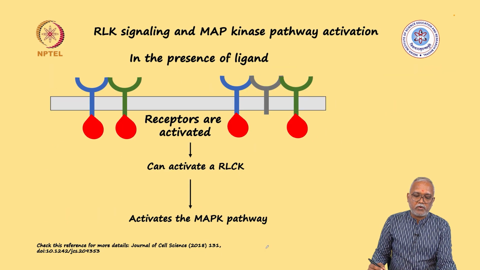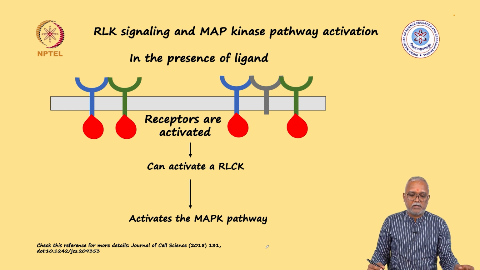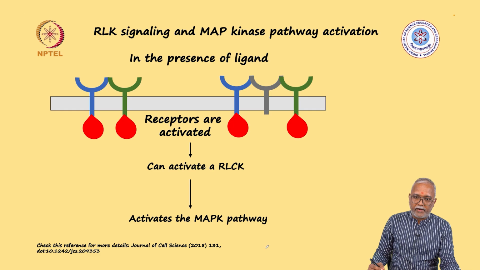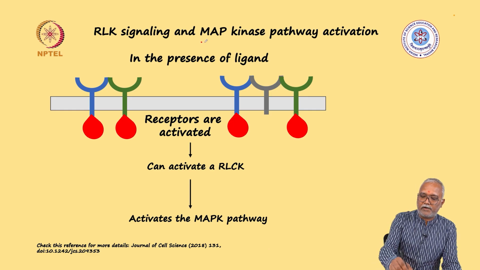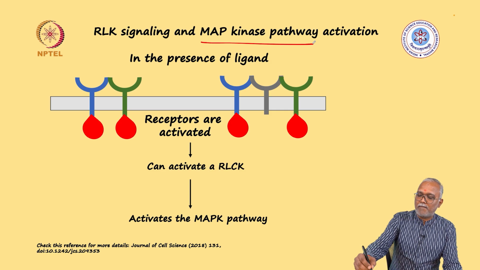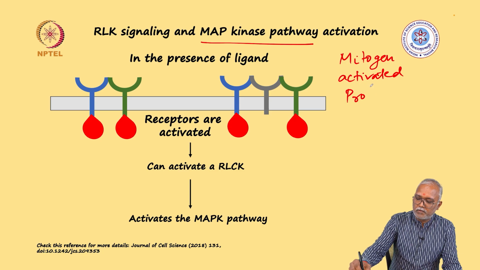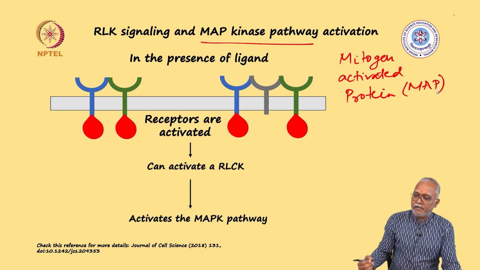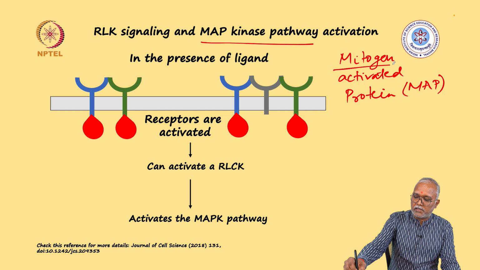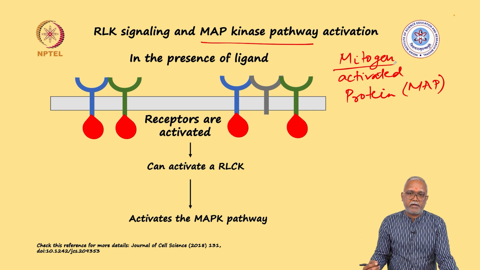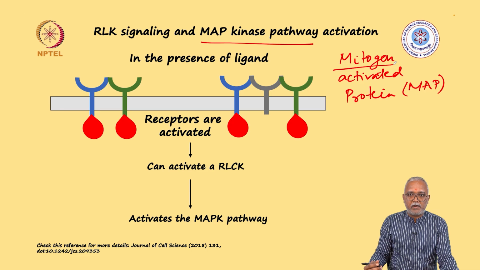Simply, if we think about receptor-like kinase signaling, what they very prominently do is activate the MAP kinase pathway. This term MAP comes from mitogen-activated protein. Again, this is a molecule which was very well studied in animals, where a mitogen is an entity, a small molecule, any protein, anything which has the capability of inducing cell division and cell growth.